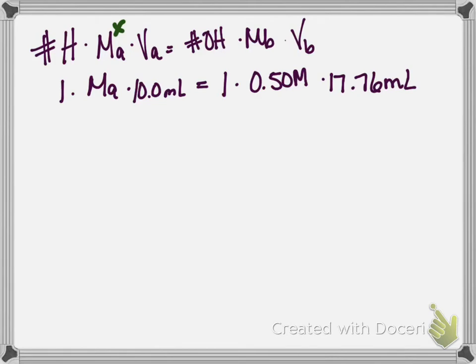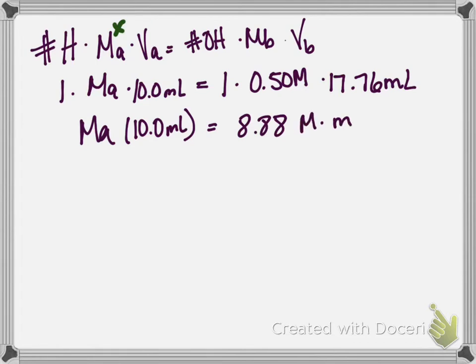Okay, so 1 times Ma times 10, so that will be the molarity of the acid times 10 milliliters is equal to 1 times 0.5 times 17.76. So that's going to come out to 8.88 molarity times milliliters.